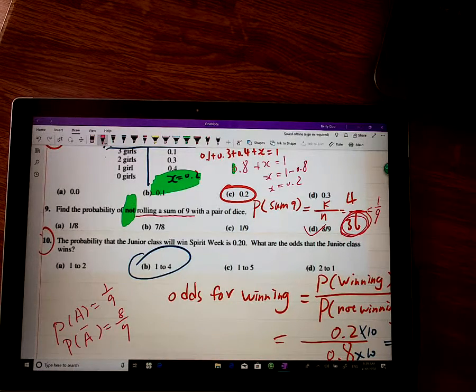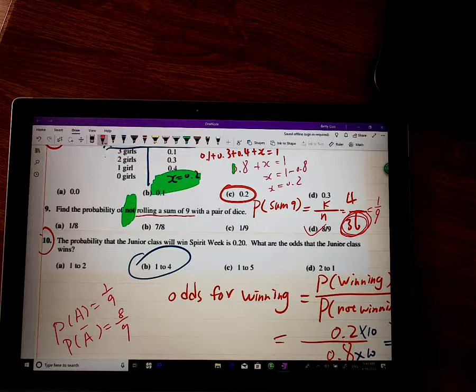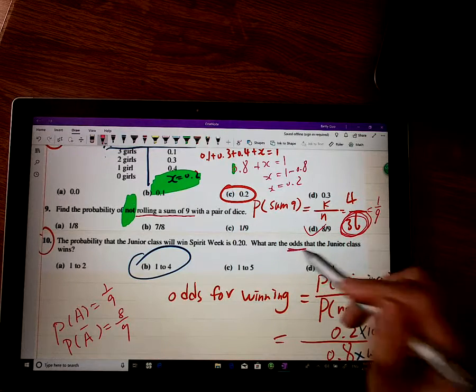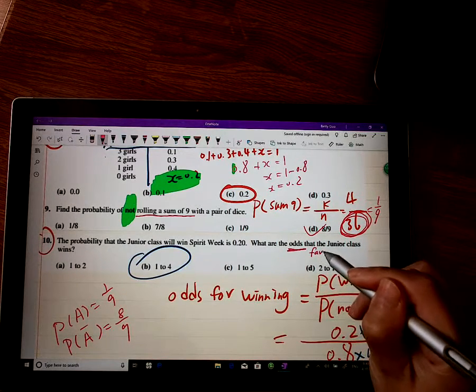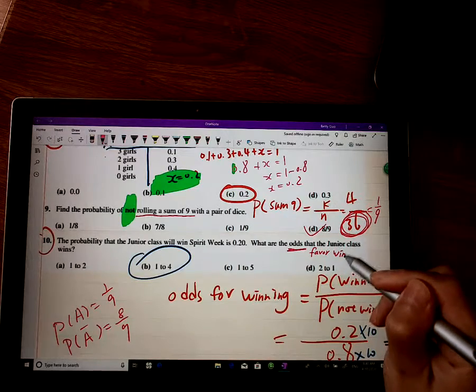Number 10, the probability that the junior class will win Spirit Week is 0.2. What are the odds that the junior class wins? So here the odds means odds in favor of winning.